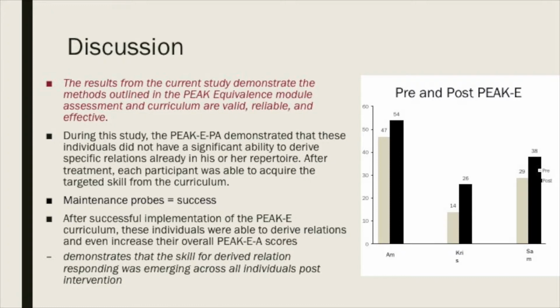After treatment, each participant was able to acquire the targeted skill from the curriculum. Maintenance probes were also very successful, and after successful implementation of the PEAK curriculum, these individuals were able to derive relations and even increase their overall PEAK scores. As you can see with the chart to the right, you can see that improvement.